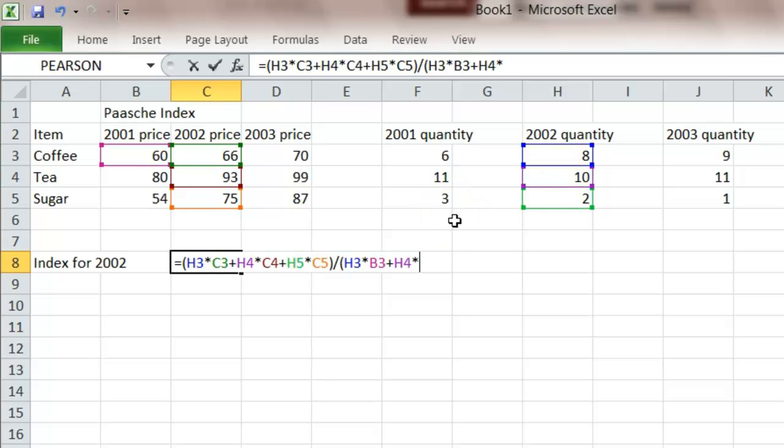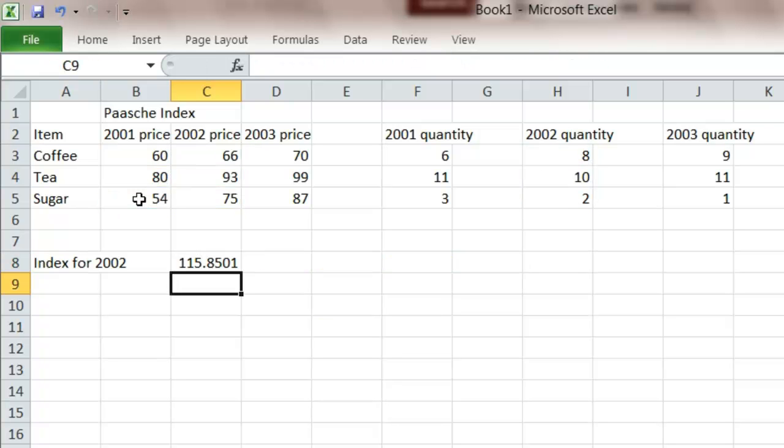H4 times 80 plus H5 times 54, and we'll times by 100 to get an index, and there we have 115.8 relative to 2001. Let's put that in.